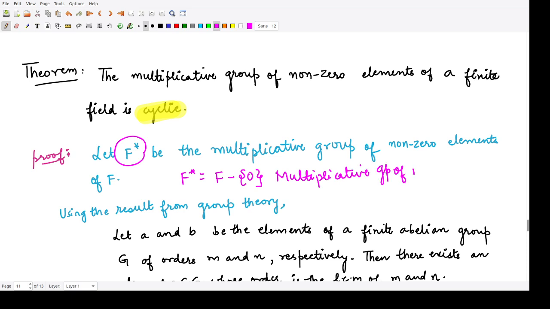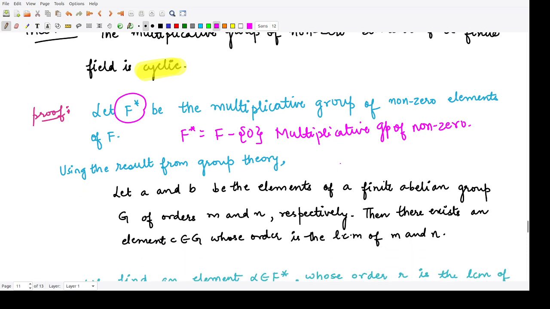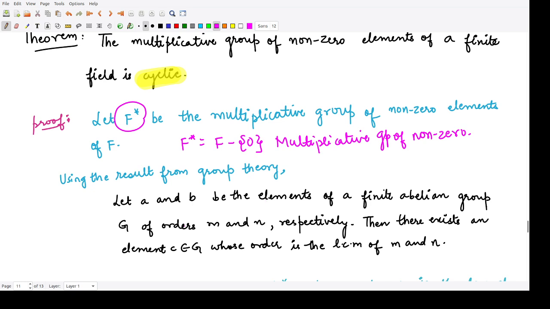of non-zero elements. Okay, so we have a result from group theory which states that if A and B are any two elements of a finite abelian group of orders m and n, so that means the order of A is equal to m and the order of the element B is equal to n, then we say there exists some another element C whose order is the LCM of m and n.